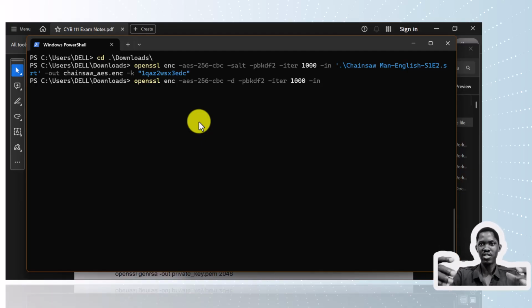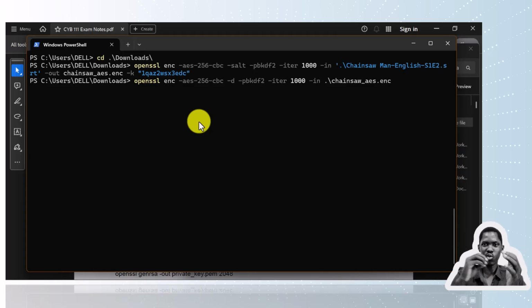Then -in. What is going in now is the encrypted file. So we have chainsaw_AES, right? That is what is going in. And then we'll now have -out.